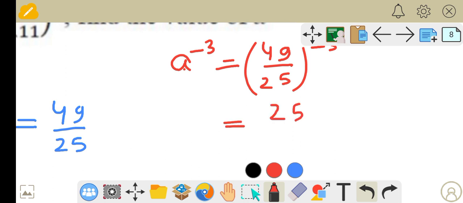25 upon 49, because of the minus in the exponent, so now we can write it without minus.